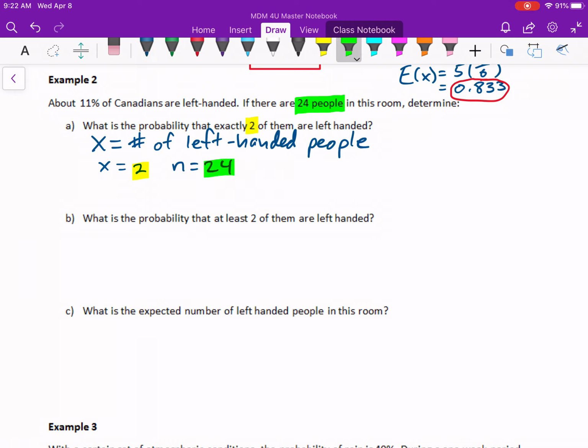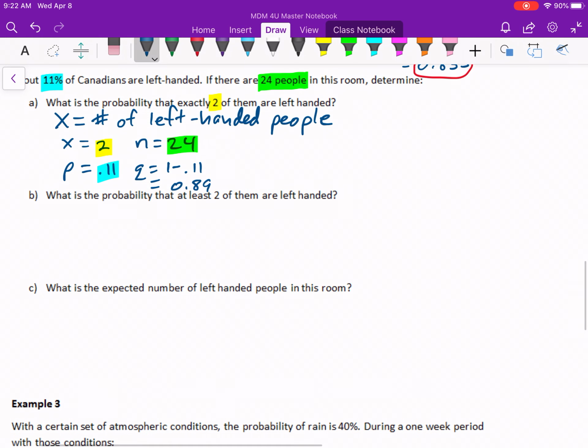And we need to know p and q. Well, 11% of Canadians are left-handed, so we would expect an 11% probability of getting a left-handed person any time we randomly select one. So p is 0.11, and that leaves q to be 1 minus 0.11, because they always have to add up to 1, so 0.89. So we need those 4 variables in order to do the calculation.